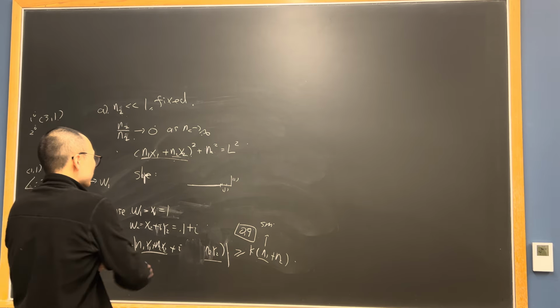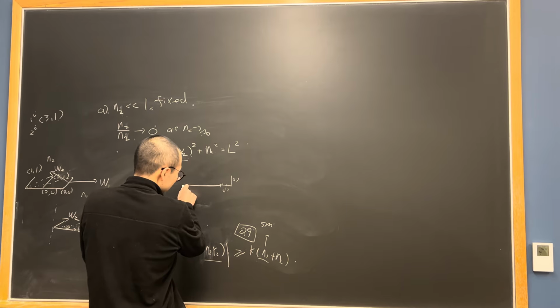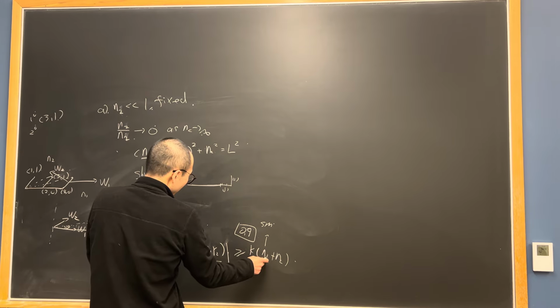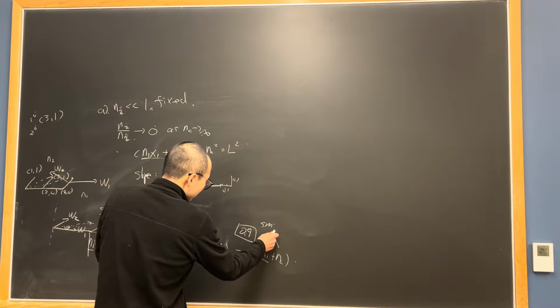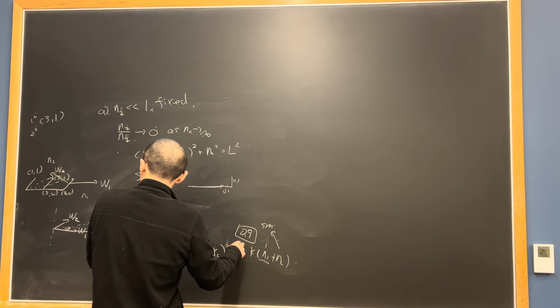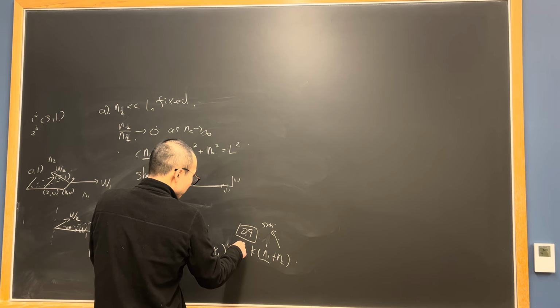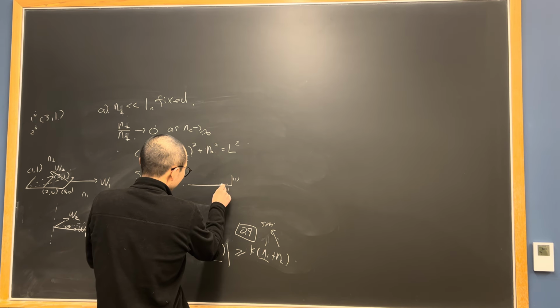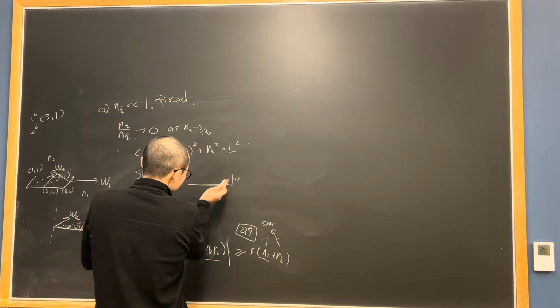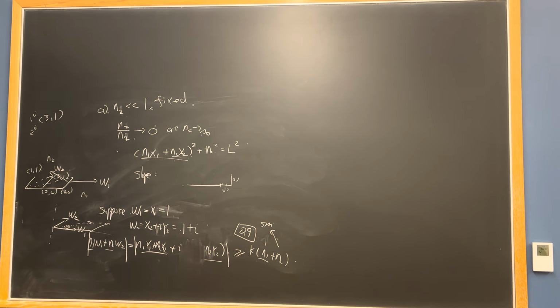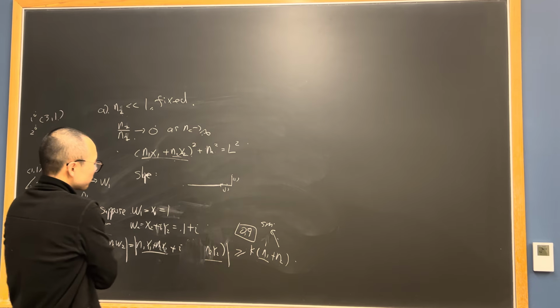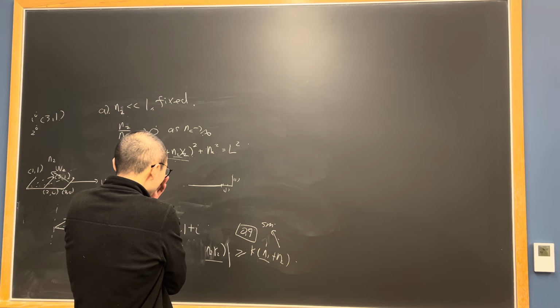Okay, so I know that here it has exactly the length of n1, right? And then you add another one. So what happened to the length?